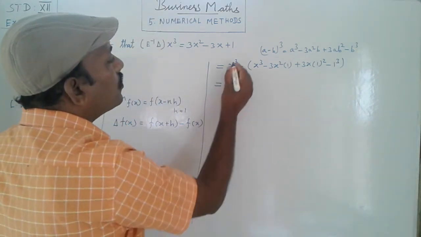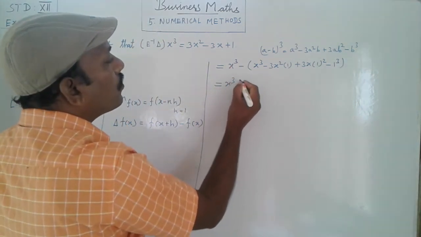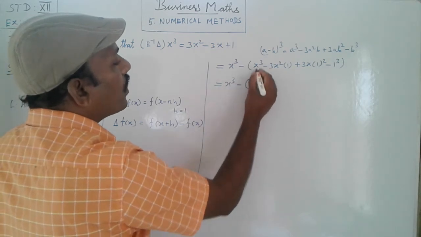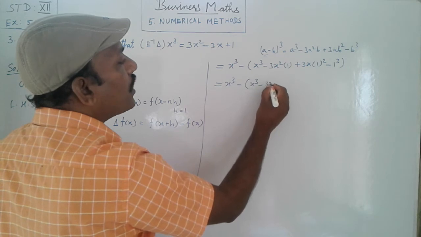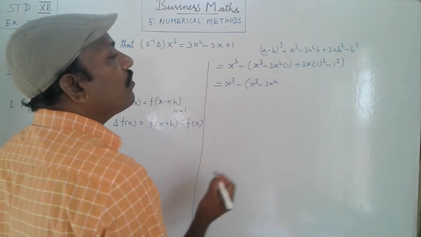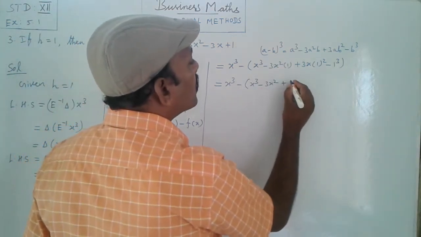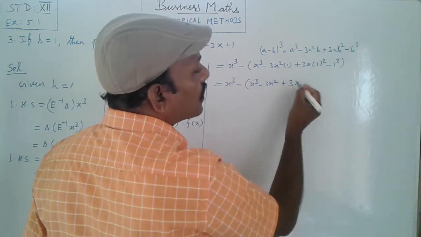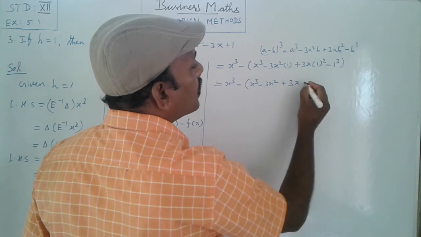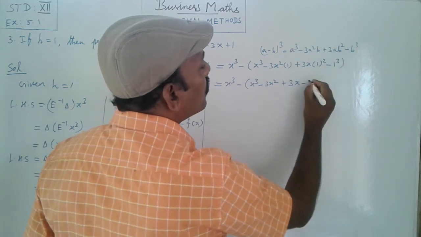That is equal to x cube minus of x cube minus 3x square into 1 is minus 3x square plus 3x into 1 square is 3x, minus 1 cube is 1.